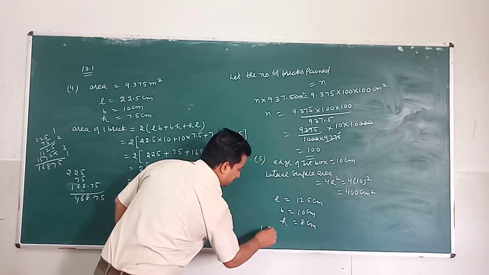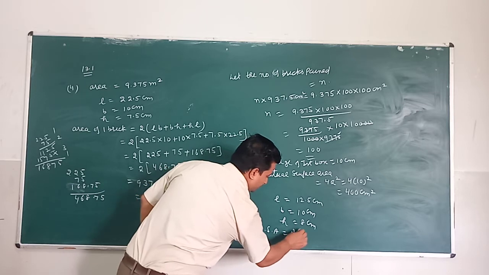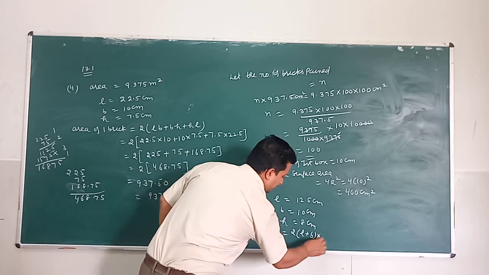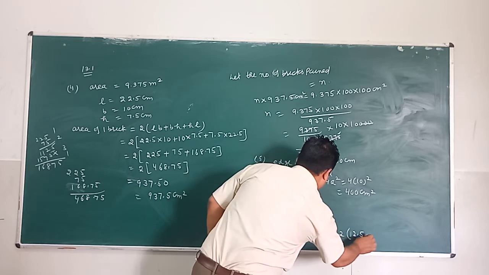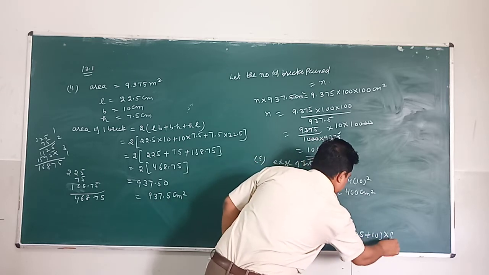For the other box, length is 12.5, breadth is 10 and h is 8. So its lateral surface area is 2 times L plus B into h, which is 2 into 12.5 plus 10, times 8.